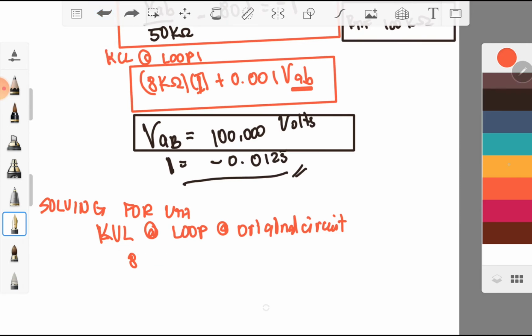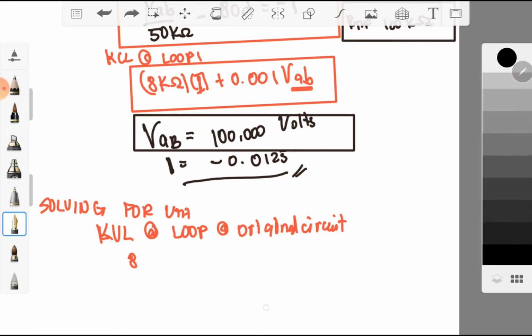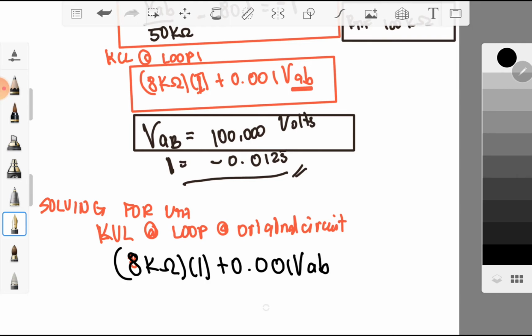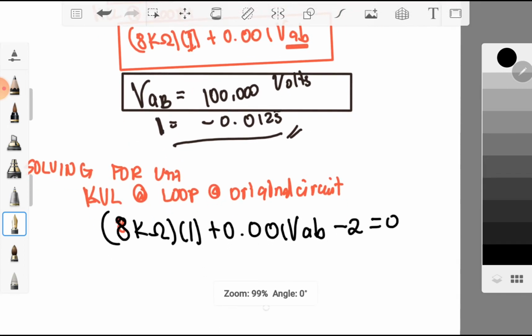So palitan natin yung kulay ng pen. So 8 kilo ohm multiplied by I plus 0.001 VAB minus 2 volts, which is equal to 0. Mapapansin nyo, hindi ko na nalagyan ng unit.